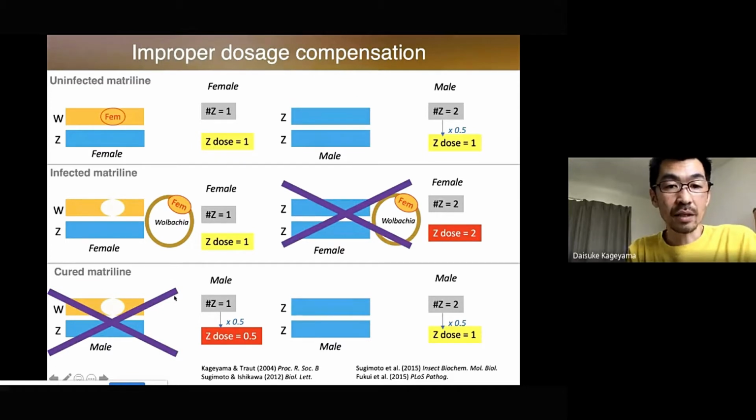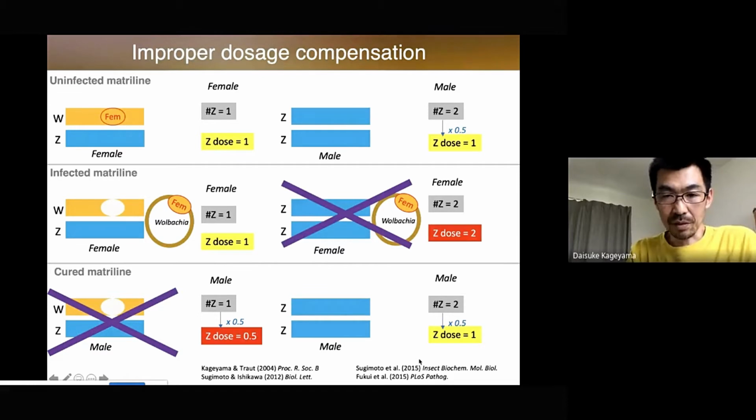On the other hand, in the cured line, although they have only one Z chromosome, they are determined as males, and by the function of dosage compensation, their expression is regulated by half, and they are too small and they die.